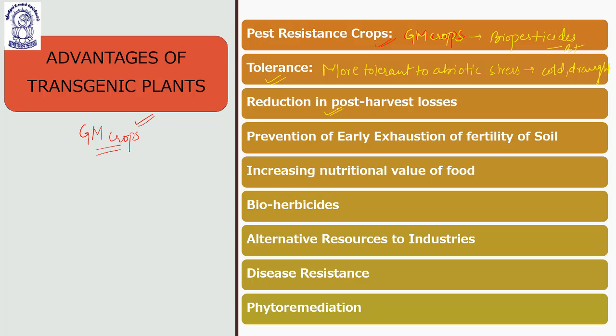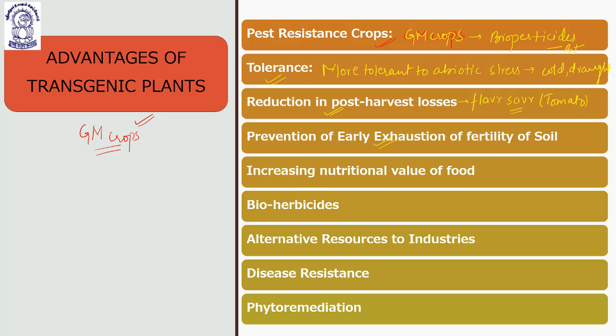It helps to reduce post-harvest losses, like in the case of Flavr Savr, which reduces the production of pectinase, which makes the tomato soft. Mostly crops like tomato get destroyed and rotten because of a large amount of pectinase production. So there is a reduction in post-harvest losses with the Flavr Savr transgenic tomato variety.